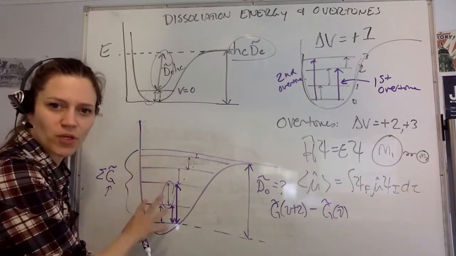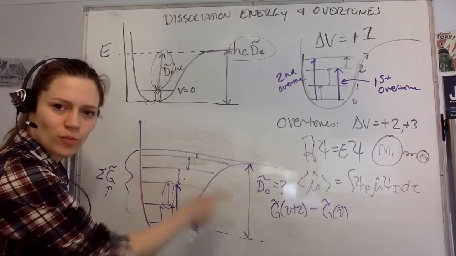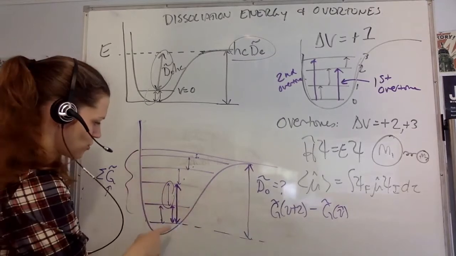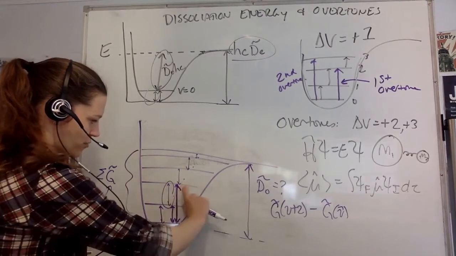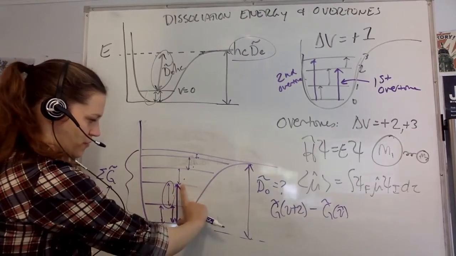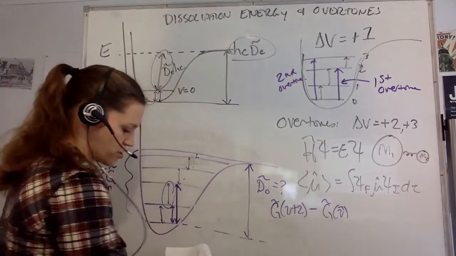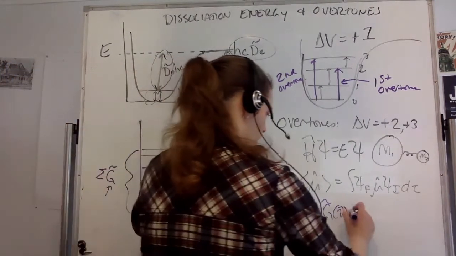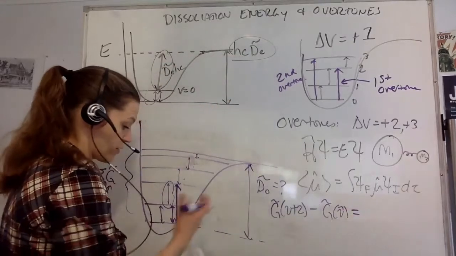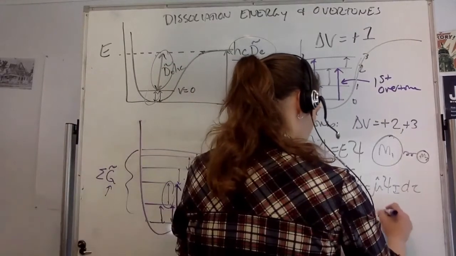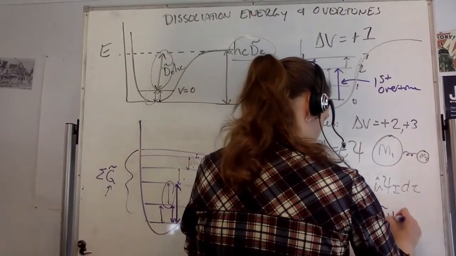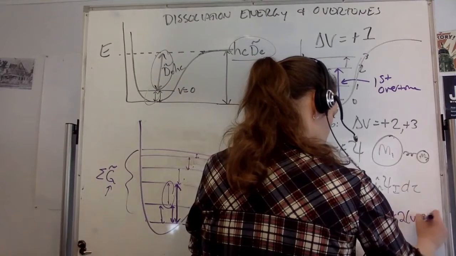If you draw the picture and look at which term represents what, it makes a lot more sense. So to determine that size, you take the first overtone minus the fundamental transition, and that gives you a value, but then you can relate that value to a Taylor series expansion, of course.